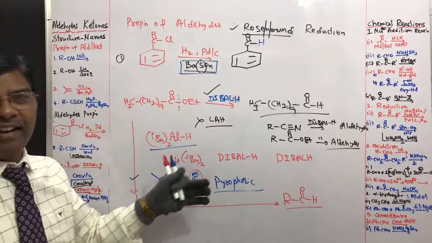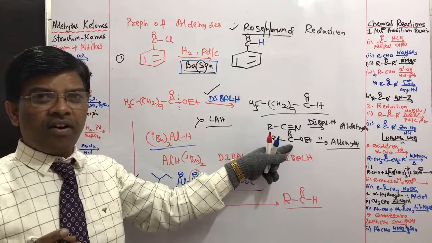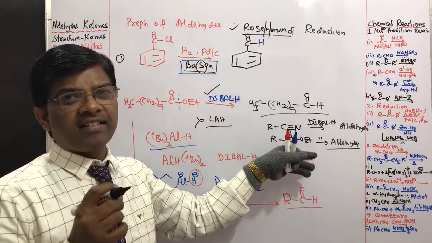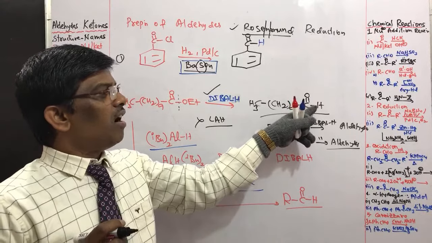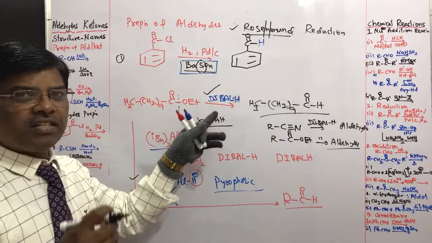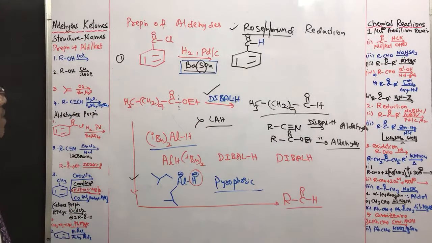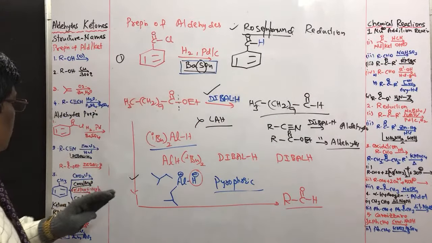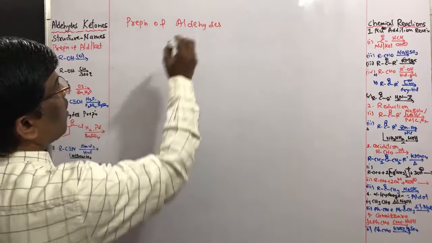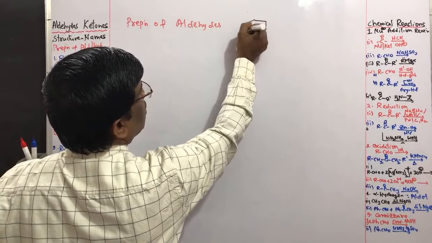However, practically speaking, when you are doing synthetic chemistry, you have to do very fast reactions and very fast workup under anhydrous conditions, otherwise it is going to reduce further. So simply, as soon as you add your DIBAL-H, do the workup. Anyhow, that is a practical problem. So when it comes to preparation of aldehydes, you can prepare from nitriles and esters. So preparation of aldehydes, let me take a specific example, benzaldehyde.